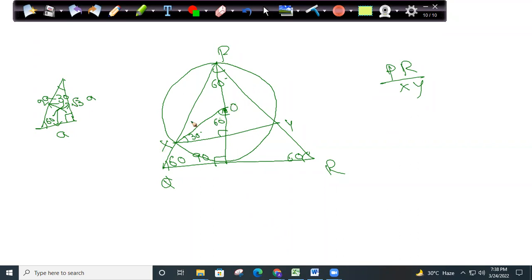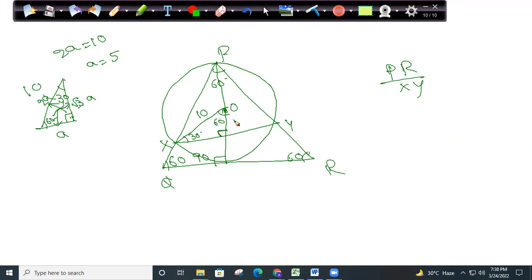So take some value for OX like 10, 20, 30, 40, 50, 200, 500, 10,000, whatever the number. I'm just taking a simple number, 10. Now everyone in the class should tell me, if the side opposite to 90 is 10, what is the side opposite to 60? 2A is 10, A is 5, but it is root 3A, or A root 3.